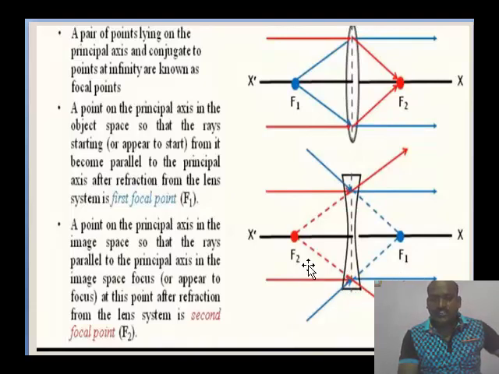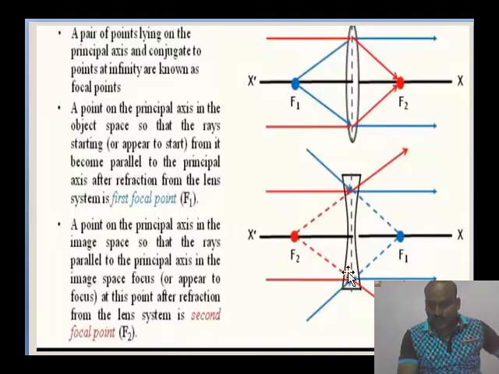So in this condition, how do we take the F2 or F1 line? When the rays are incident and go away from the infinity, you draw the imaginary line and where it meets the principal axis, that point is F2.